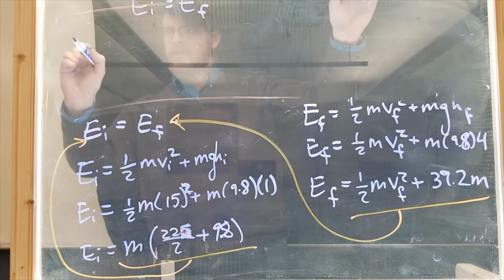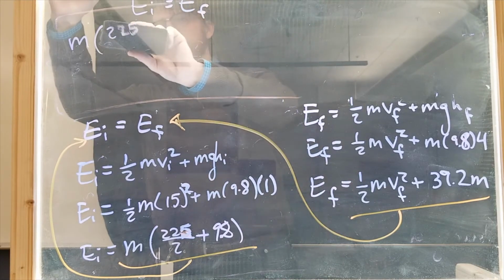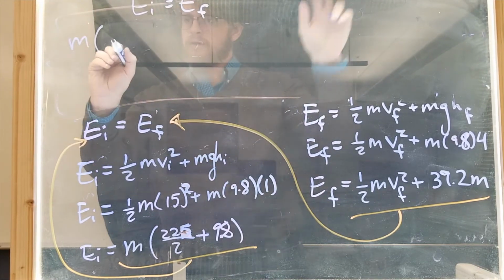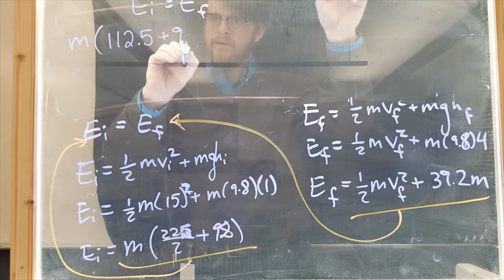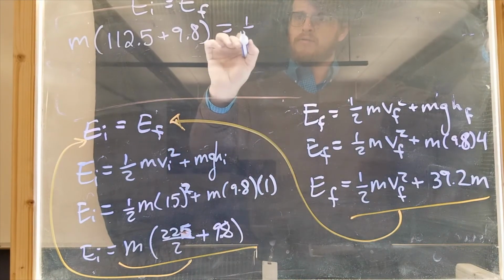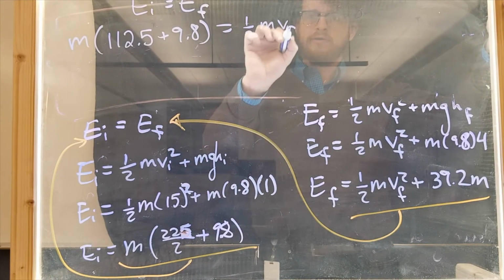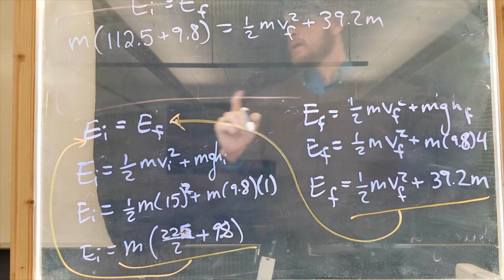E initial is m times 225 over 2, which is 112.5, plus 9.8, which I'm going to want to add here in a minute, equals, and again we have 1/2 m v final squared plus 39.2 m.